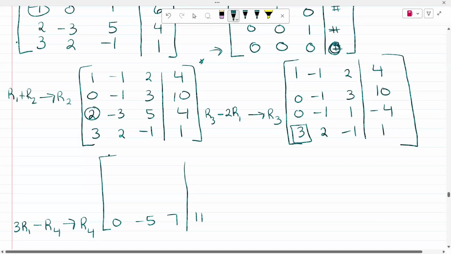And then we didn't mess with any other rows, so rewrite it. So this would be 0, -1, 1, -4, 0, -1, 3, 10, 1, -1, 2, 4.